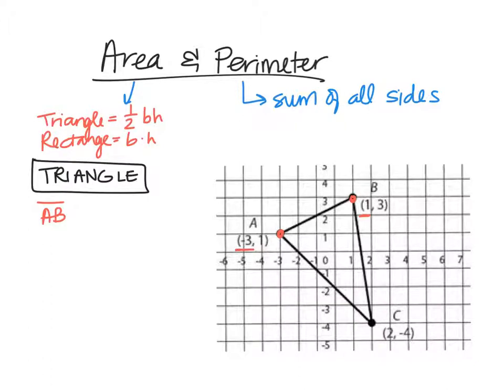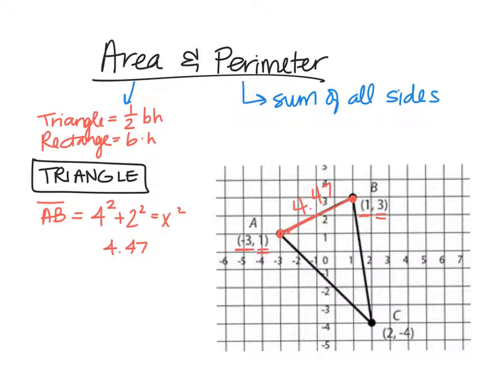So if we just look at the coordinates, -3 to 1, that is 4 apart, so that's 4 squared. Between 1 and 3 is 2, so that's 2 squared, equals c squared. And we can actually call that x if you want to, since there's another c in the problem. And if we were to work that out, we would get 4.47, which means this side, A to B, is 4.47 units.